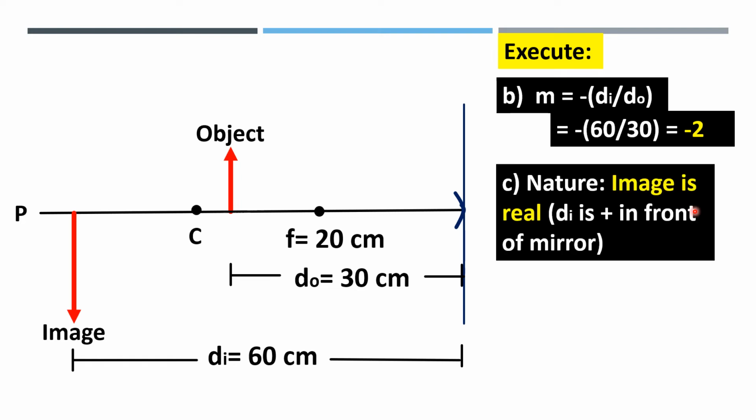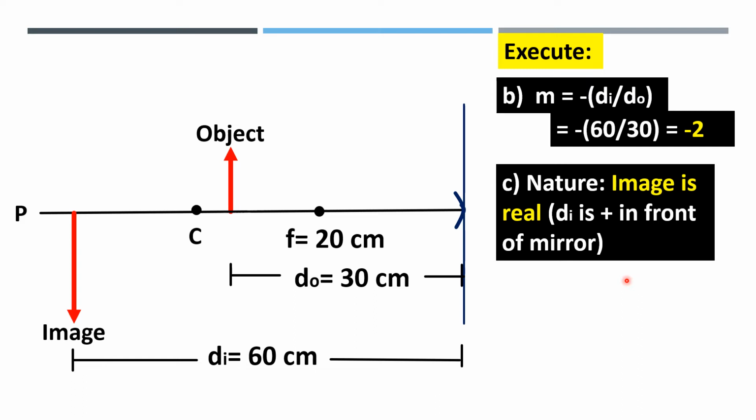Right. So first, let's describe the nature of the image. When you say nature, we're just describing whether the image is real or virtual. Another word for virtual is unreal. So how do we know if the image is real or virtual?